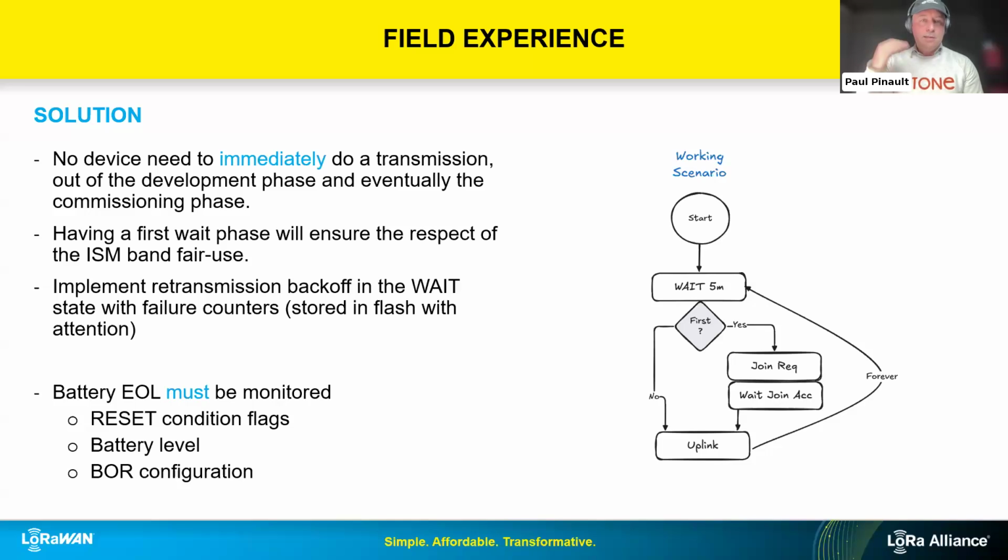In 1.0.4, this is incremental. So the LNS in 1.0.4 could just store the last value. And as it knows the last value, it knows that all the previous values from 1 to the last value have been already used. So it depends on the LNS. I've seen different implementations of this, but potentially the LNS could only have to store one value and know that all the previous ones have been registered.